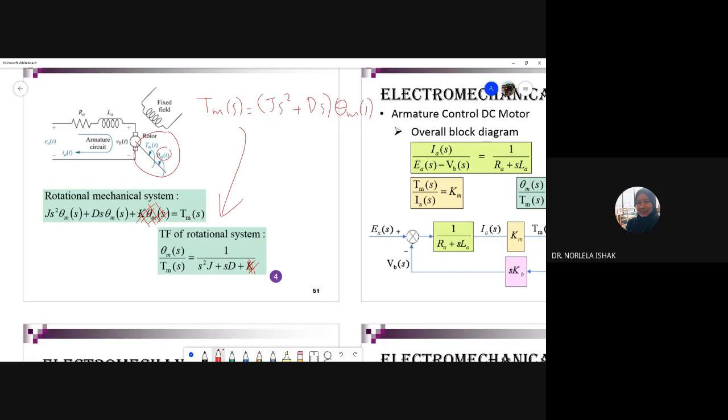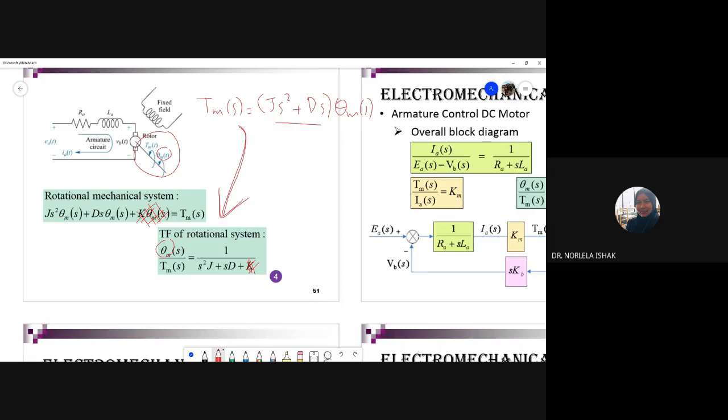Torque is the input to the rotational mechanical system, and theta or displacement is our output. Torque is our input, displacement is our output. So from this equation, we rearrange and write it into the transfer function.